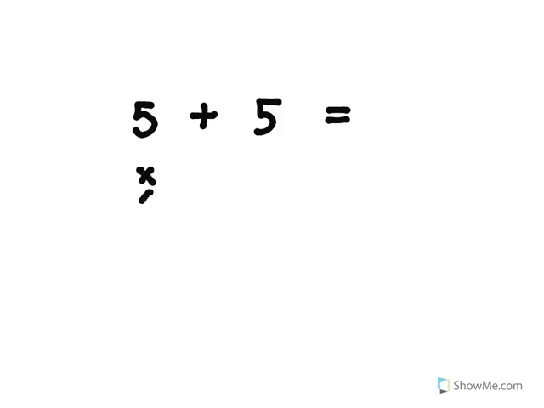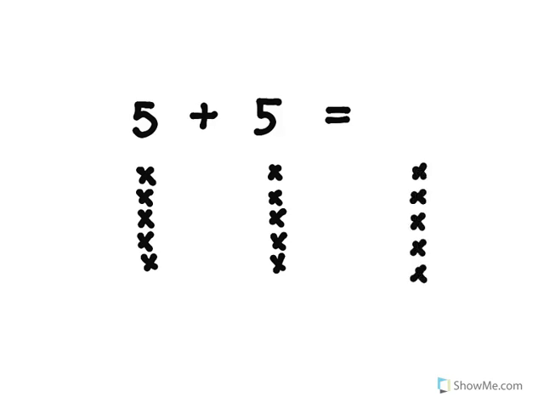So I've got 5, 1, 2, 3, 4, 5. And I'm going to add another 5, 1, 2, 3, 4, 5. And when I do that, I'm going to have 1, 2, 3, 4, 5, 6, 7, 8, 9, 10. So 5 plus 5, 5 x's plus another 5 x's, is equal to 10.